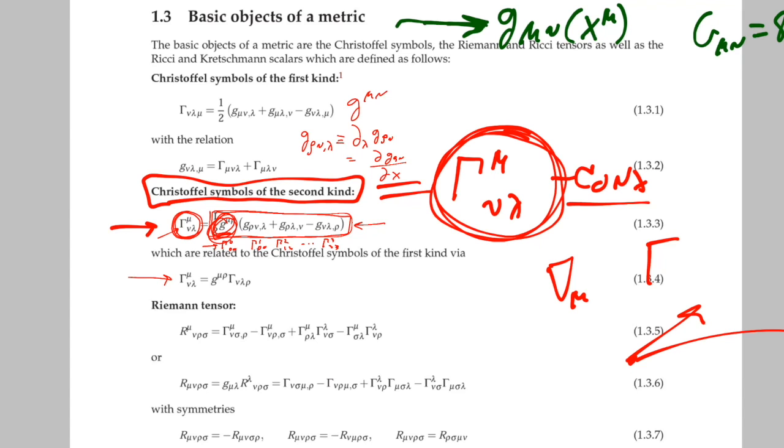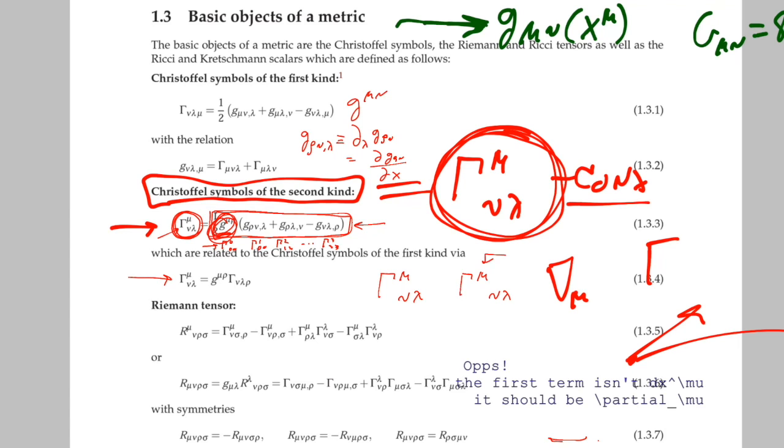Now the problem here, of course, with the notation of these Christoffel symbols and the connection is I've always been very careful to write my connections as Gamma^mu_{nu lambda}, where there's no space between the lower indices. I'm not doing it that way because this implies that the ordering is really critical, because this is not a tensor.